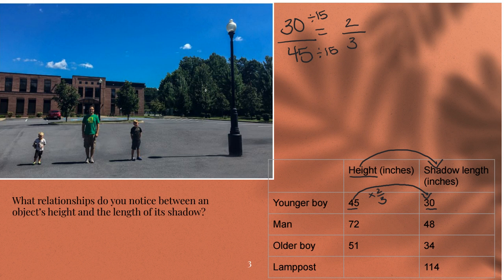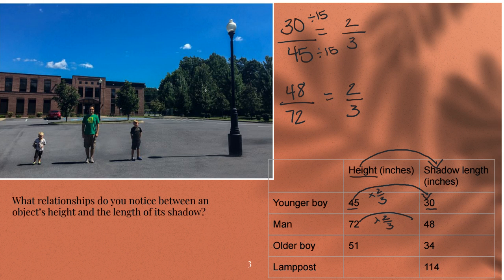So now let's look if the same relationship would exist for the rest of them. So if I do 48 over 72, is that equal to 2/3? Yes, it is, because I can divide both of them by 24. So 72 times 2/3 would also give me 48.